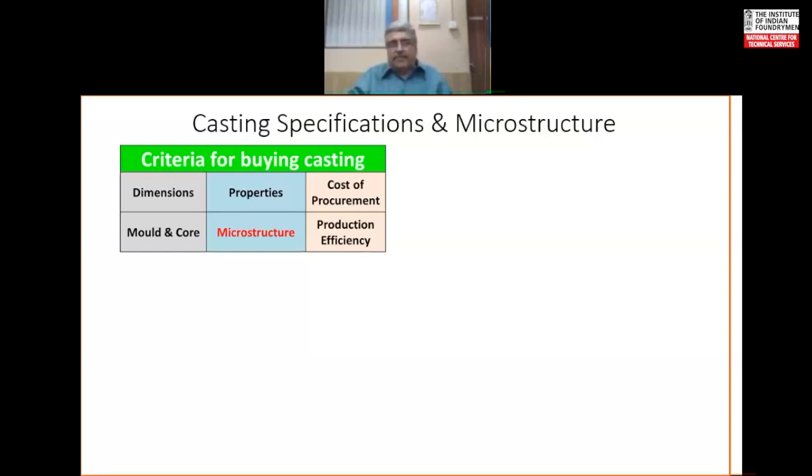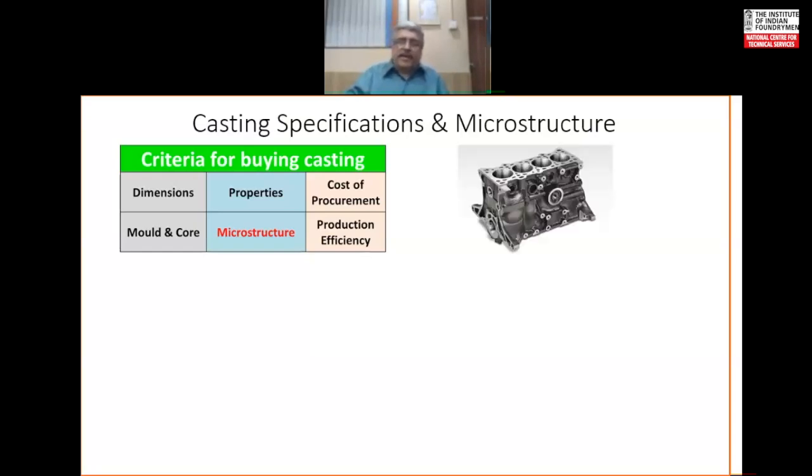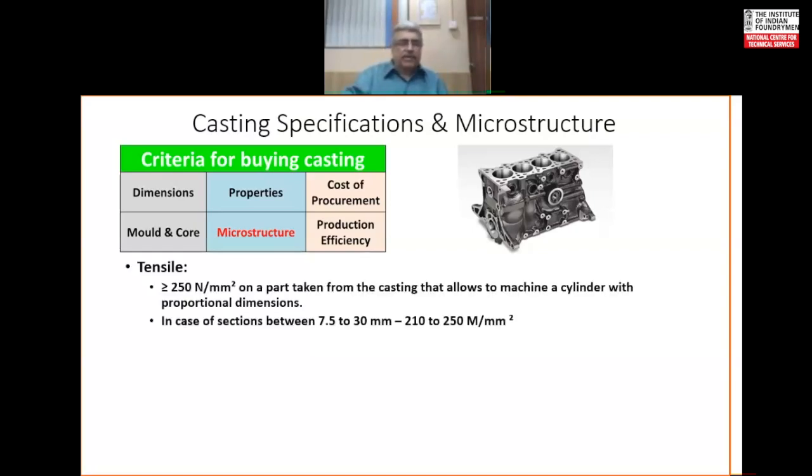The dimensions come from mold and core. Microstructure is what decides the properties, and the overall efficiency of the production process gives the cost of making the casting. As an example, I've picked up the same example that I used for gray iron metallurgy, engine block.